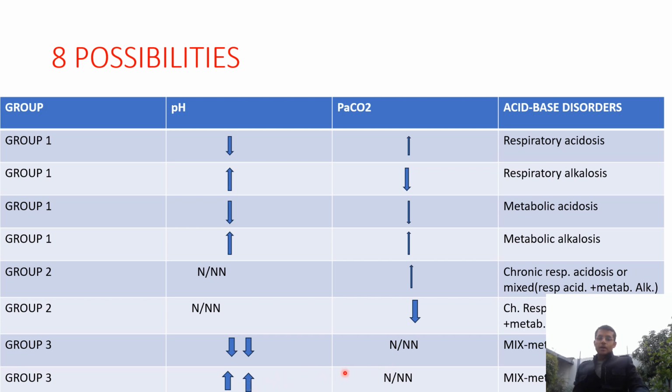But we expect the PCO2 should also go up, but this is normal. So it is metabolic alkalosis with respiratory alkalosis. So these are three basic groups we must try to understand according to pH and PCO2 values.